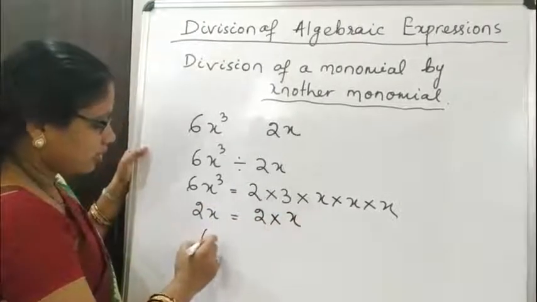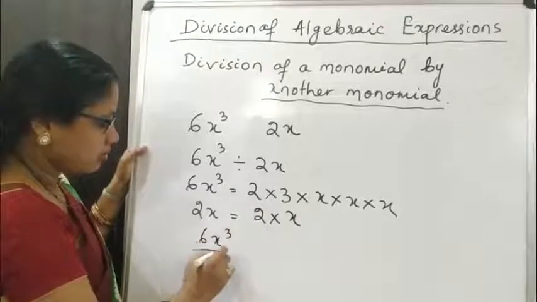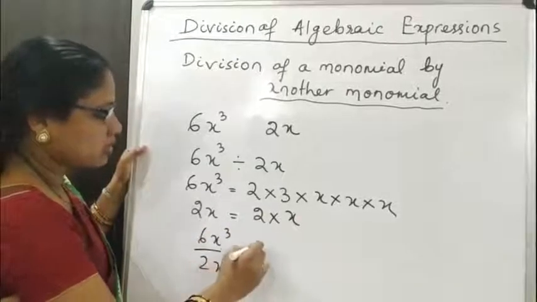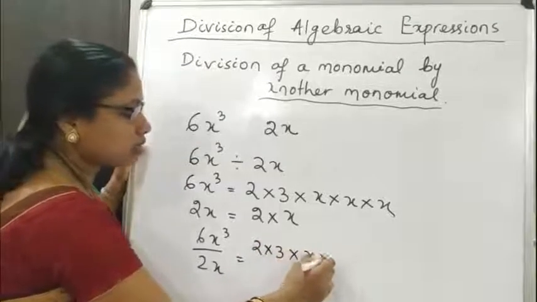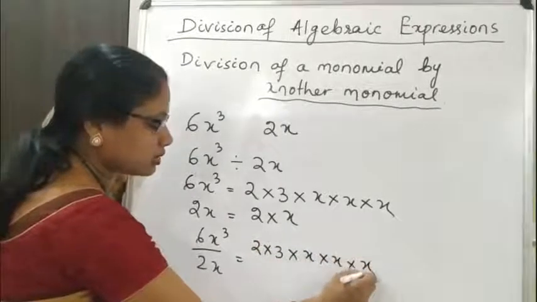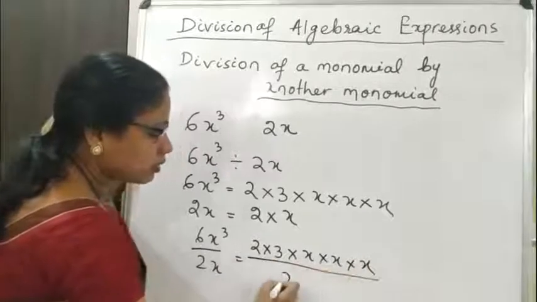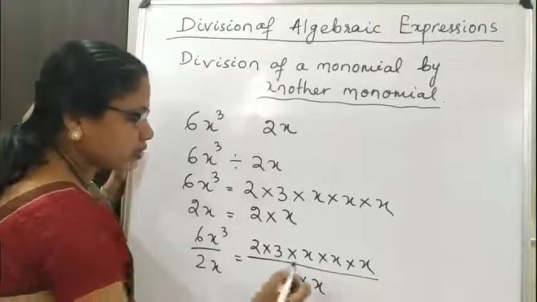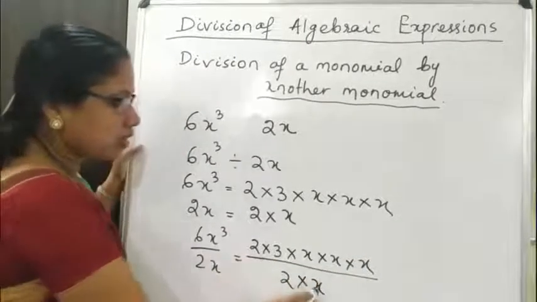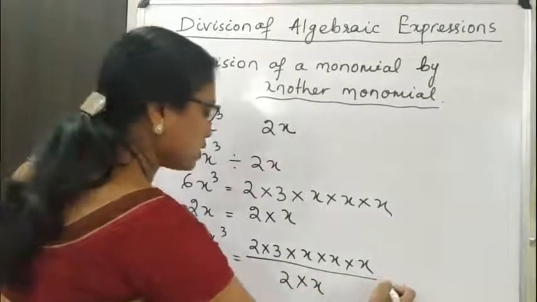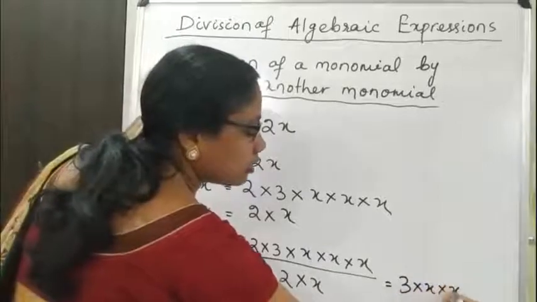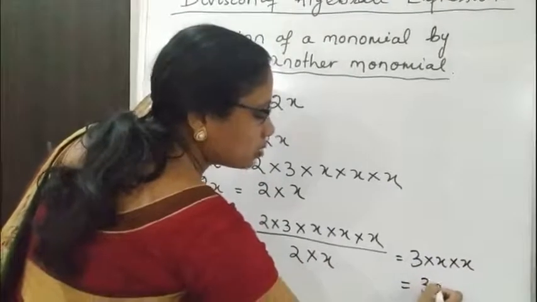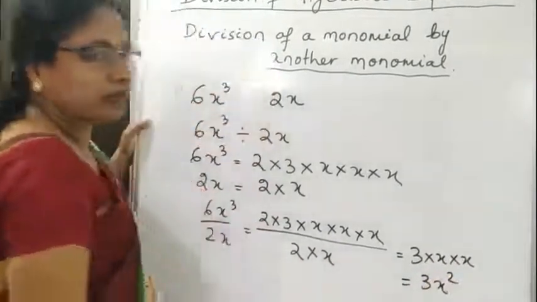Then 6x cube divided by 2x is equal to 2 into 3 into x into x into x divided by 2 into x. So here 2 cancels and 1 x is cancelled. So the answer is 3 into x into x, which is equal to 3x square.